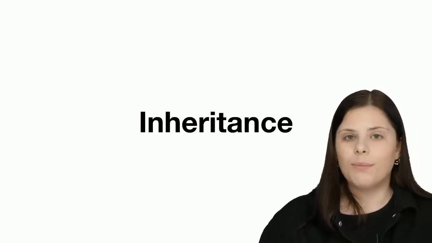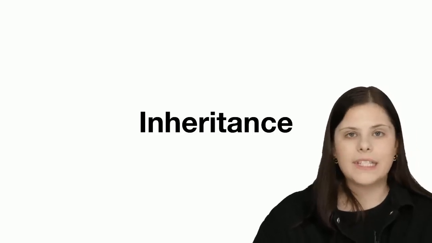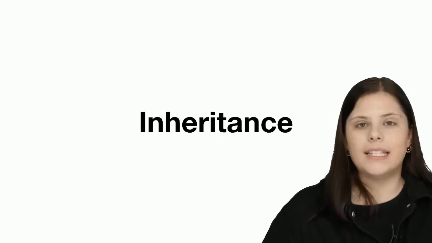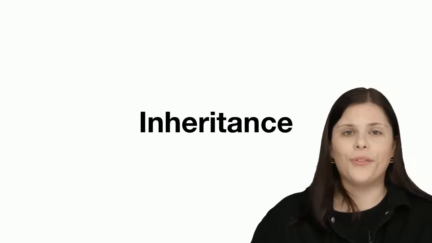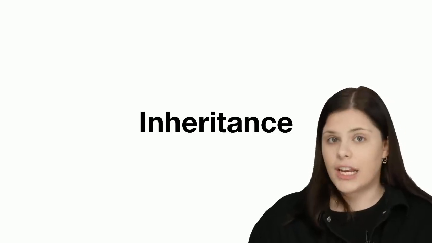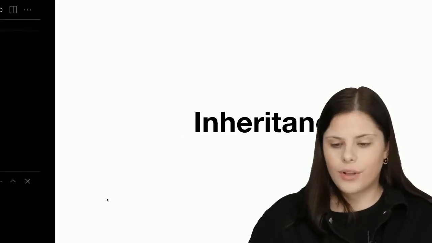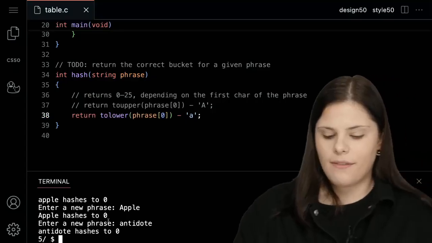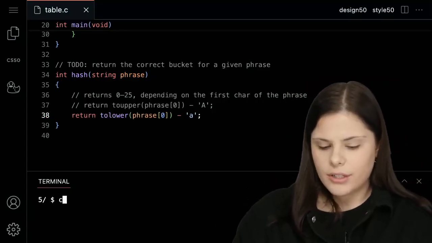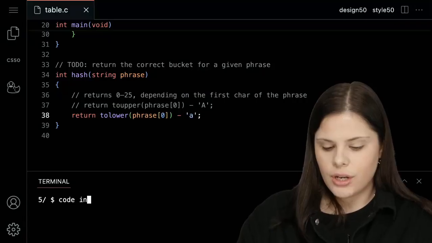If you haven't looked at the problem set yet, it is one of the problems that combines the idea of linked lists with recursion, which we talked about some weeks ago. So let's go back to CS50.dev, and I'm going to switch the tabs.